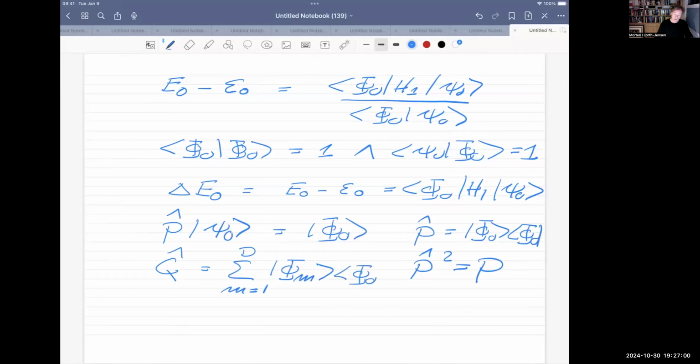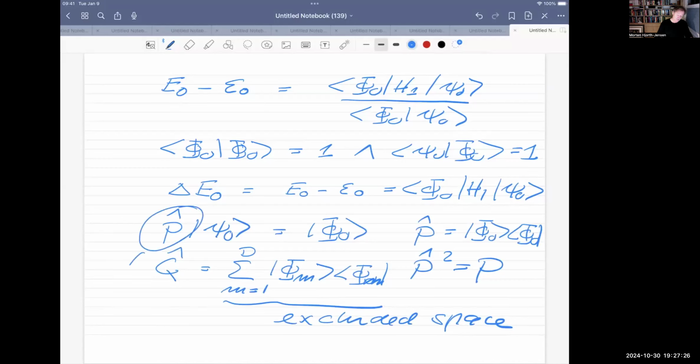This is normally called the operator for the excluded space, or the complement of P. So we have degrees of freedom, which we now are going to take into account in a perturbative expansion. This operator which we have here defines what we normally call the model space. Or another name for it is just an effective Hilbert space.